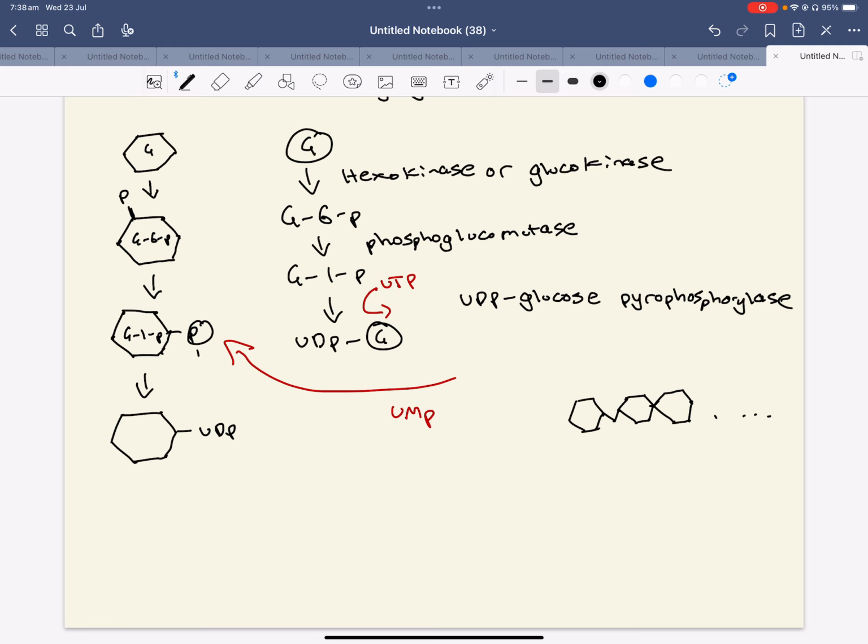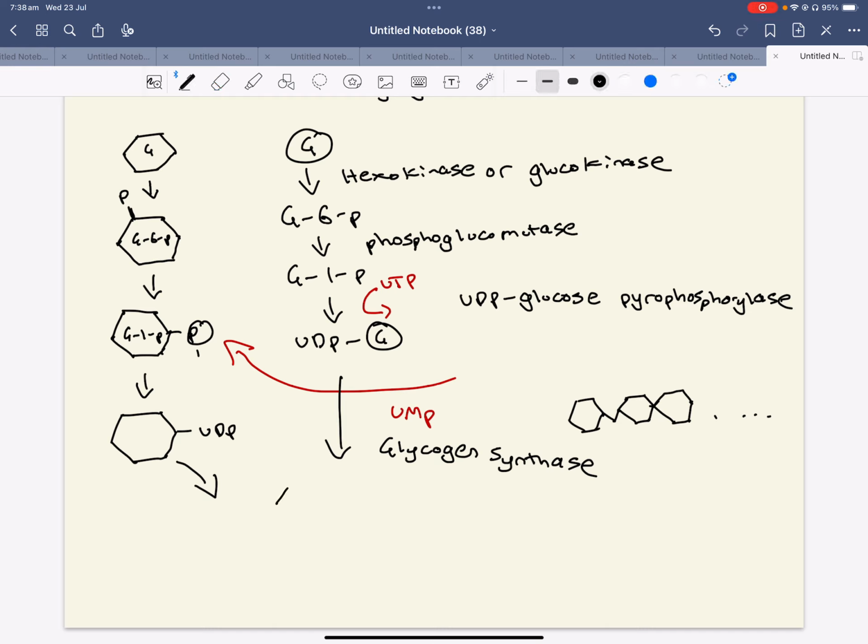So what we're going to do now is use an enzyme called glycogen synthase. And what that's going to do is get all these UDPs and join them together. So now we can join all these glucose residues.